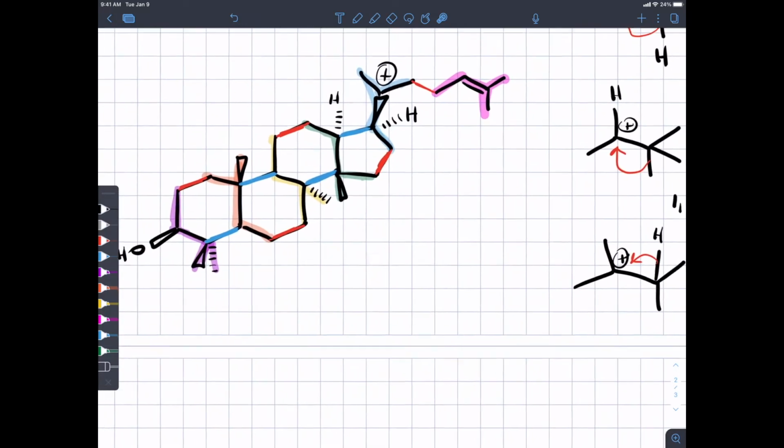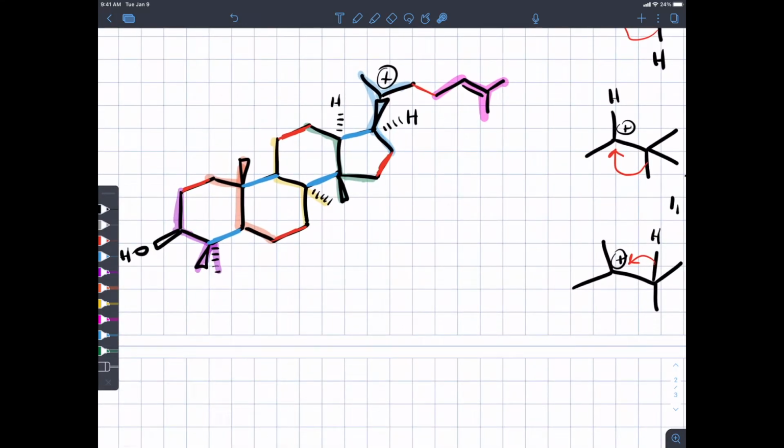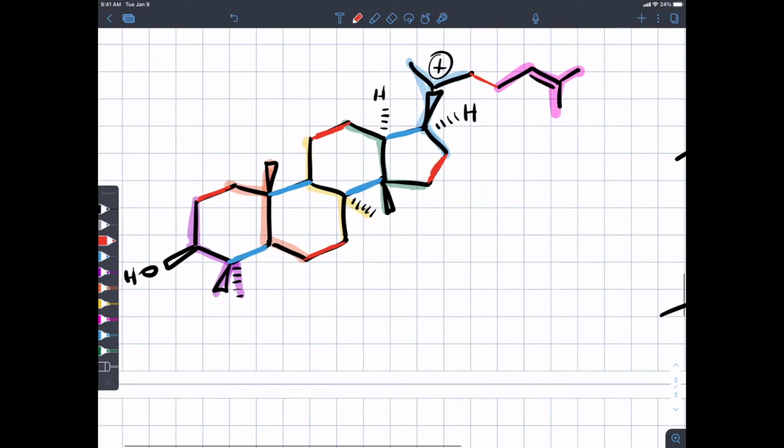And so what we're going to see is a cascade of 1,2 carbocation rearrangements. I'm not going to draw the intermediates because there's evidence that this happens all at once, and I think conceptually you can get the idea of a 1,2 hydride shift that puts the proton there and the positive charge there. You got that? Sort of can see that?